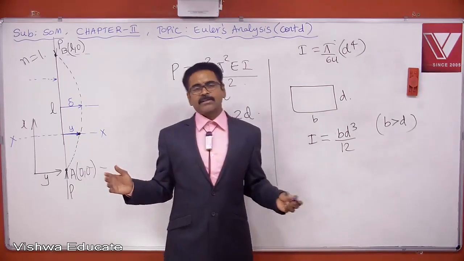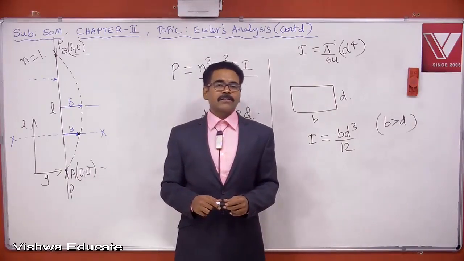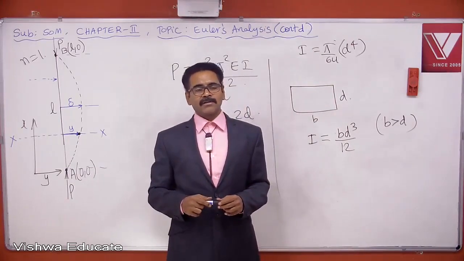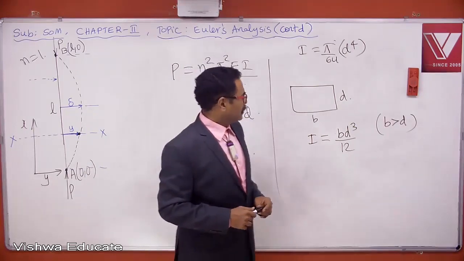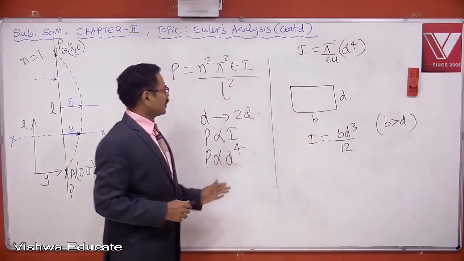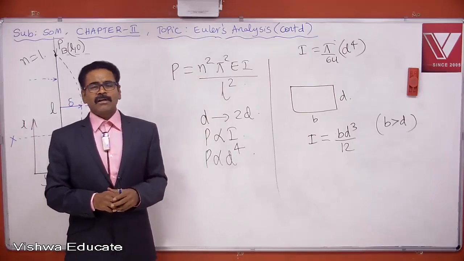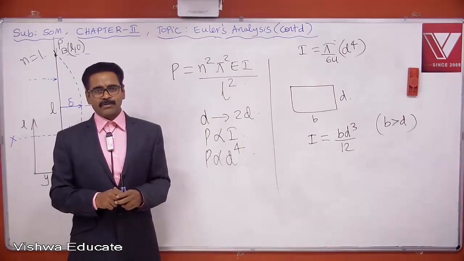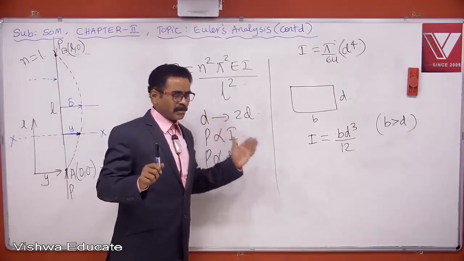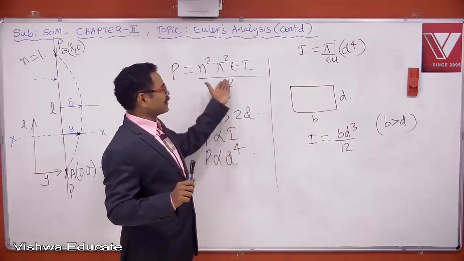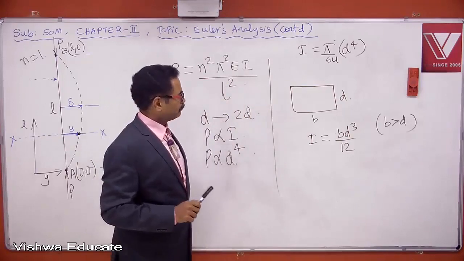When moment of inertia changes, critical load will change. More moment of inertia means more critical load. This kind of question also comes. The trick here is knowing the formula. If you know the formula, you can do all the questions on it.